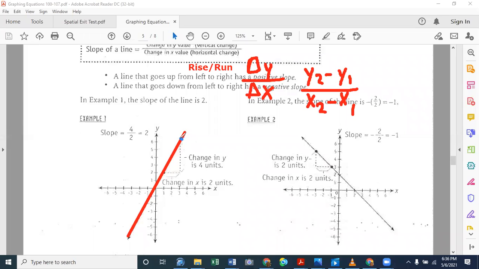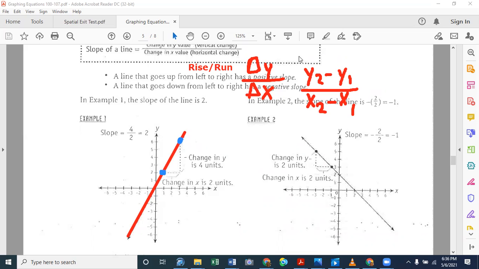They picked this point right here, and then they picked this point right here. So we're going to do rise over run first. Since this graph goes up 1 unit at a time, left or right, up or down, we can use rise over run very nicely. So our rise is how far up or down we have gone.